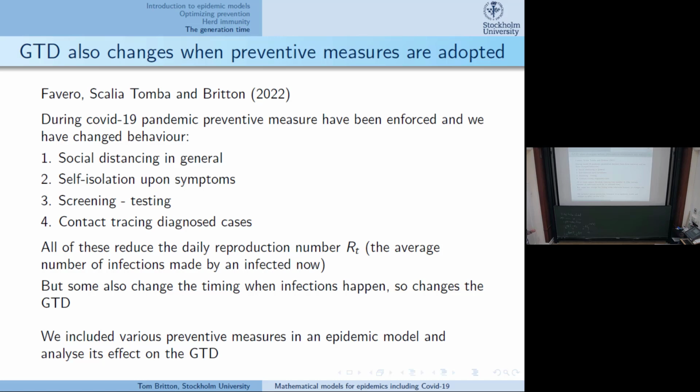If you encourage everyone to isolate themselves completely once they feel symptoms, then before that recommendation, people might not have isolated, so they would have infected a few people after this. But if you either encourage or force people to isolate, of course, it will reduce the reproduction number, but it will also shorten the remaining generation times.